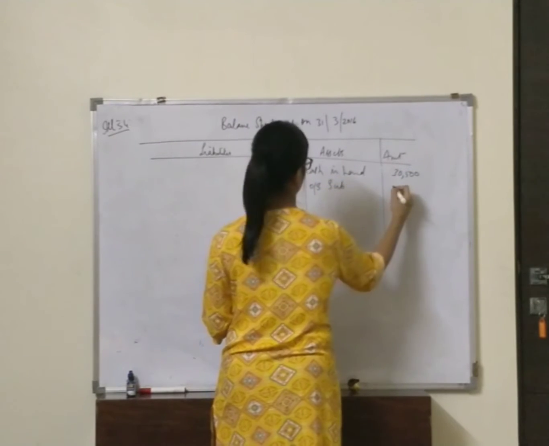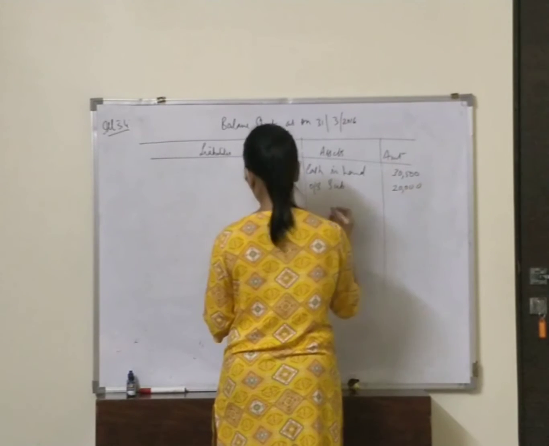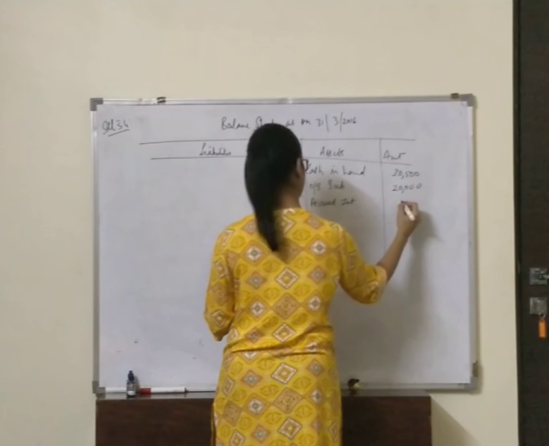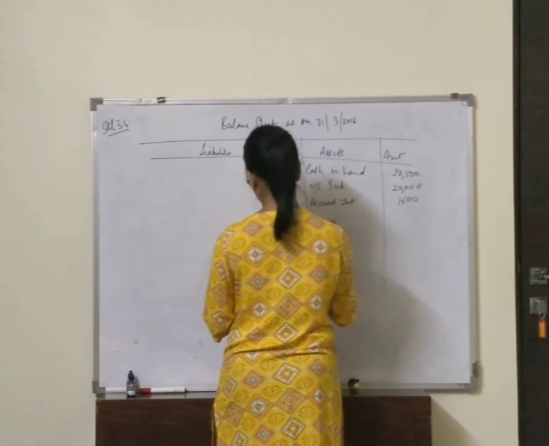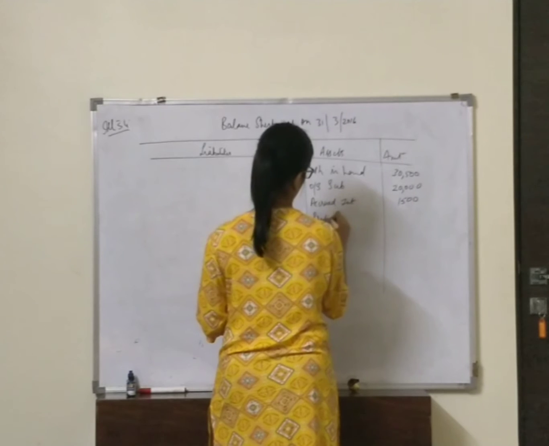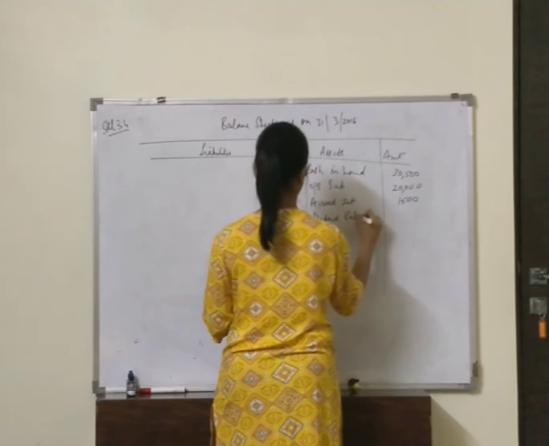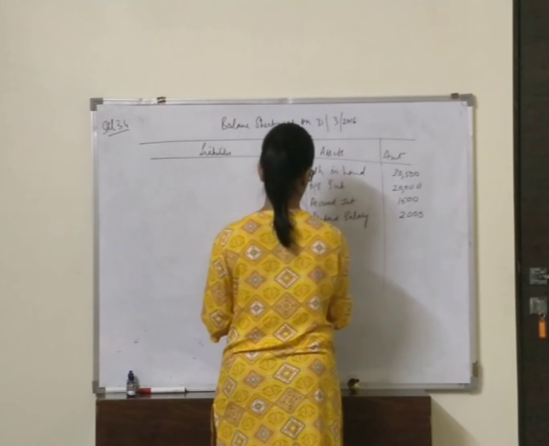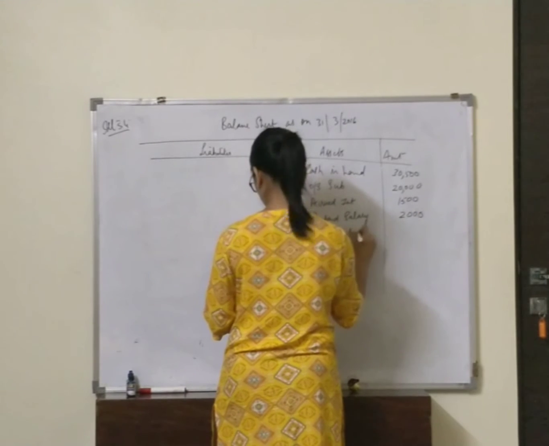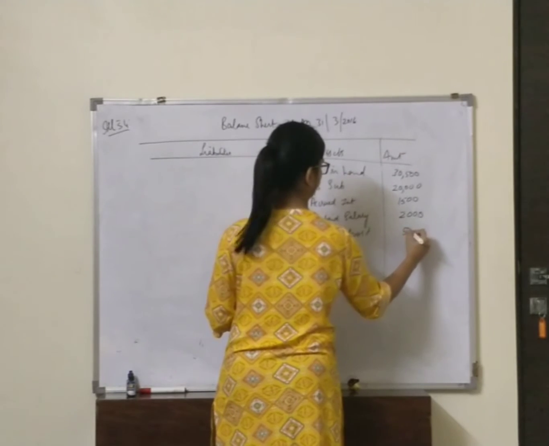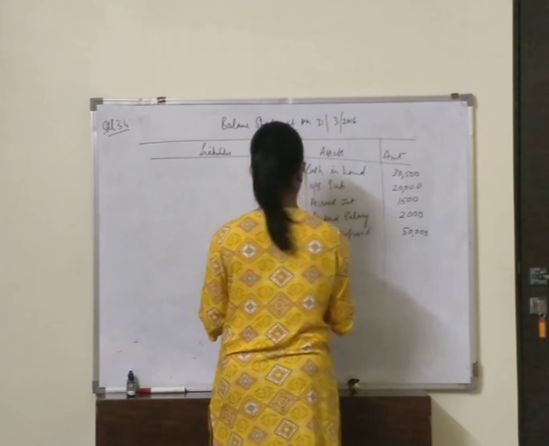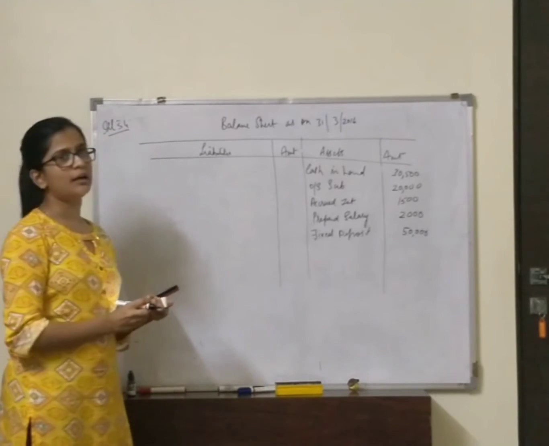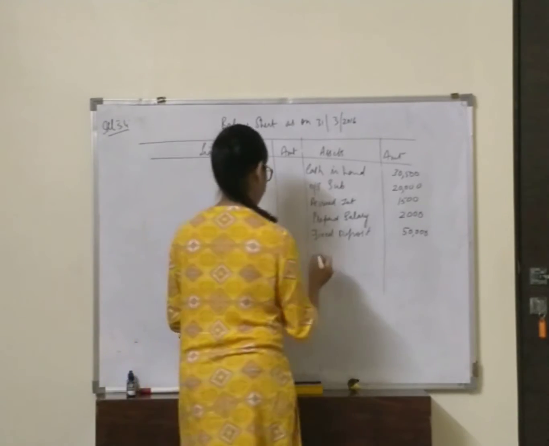Then we have outstanding subscription 20,000. Then we have accrued interest 1,500. Prepaid salary 2,000. Fixed deposit 50,000. Prepaid salary will be written on the asset side as it is a prepaid expense.